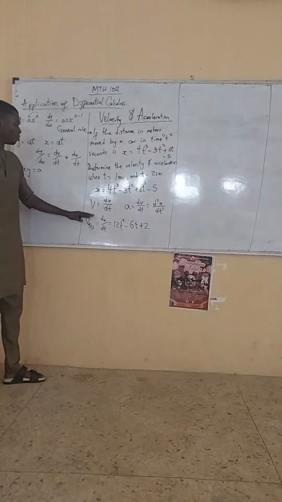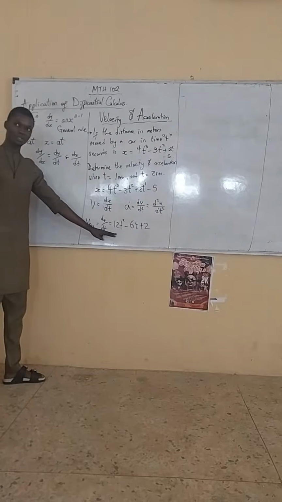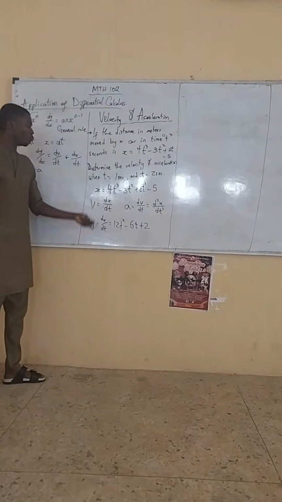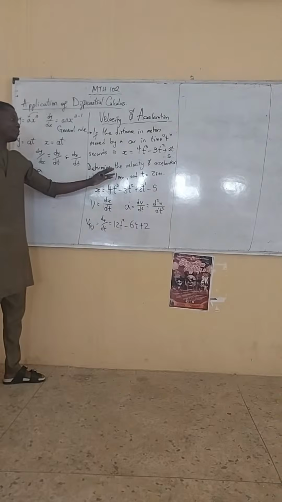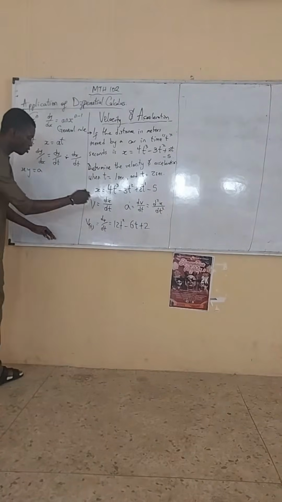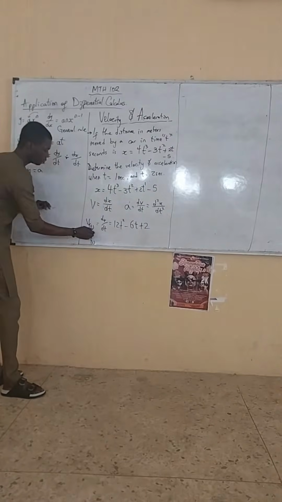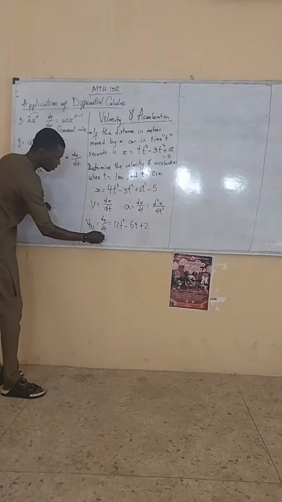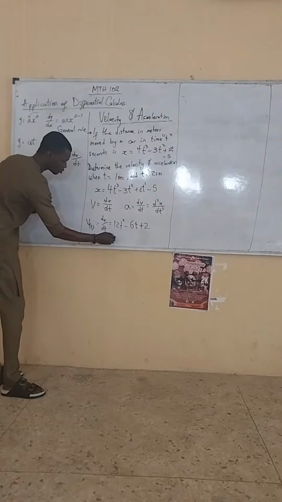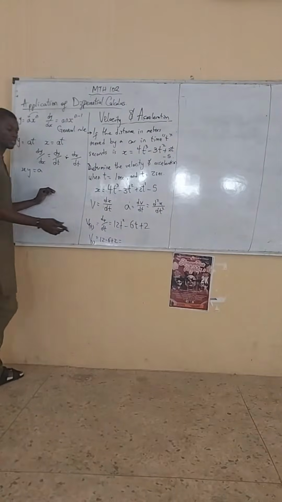So this is for velocity, the derivative of the distance with respect to t. But now we must check, when time is 1 and time is 2 seconds, what will be the velocity? So you now say v subscript 1, that means at 1. It will be equal to, if you put 1 here, 12 minus 6 plus 2. And that gives us 8, right?